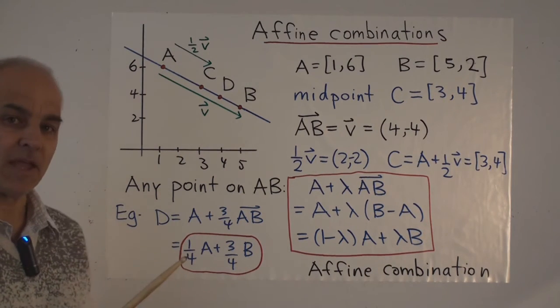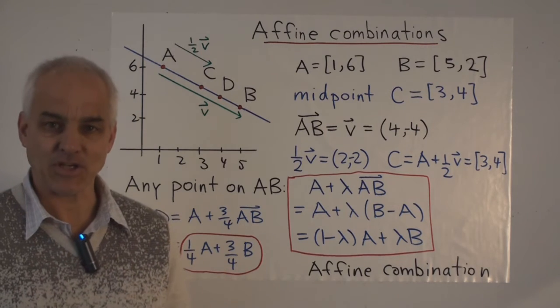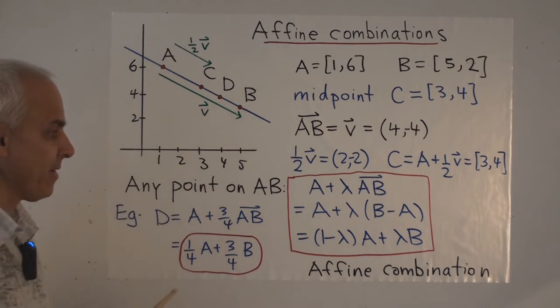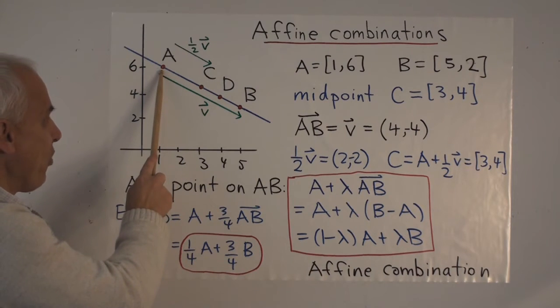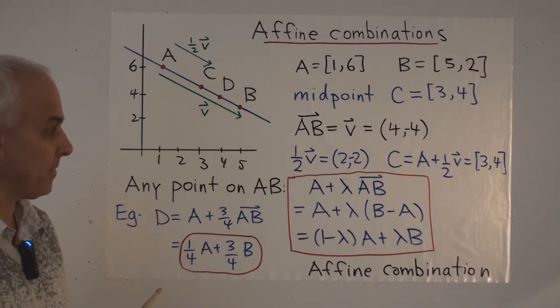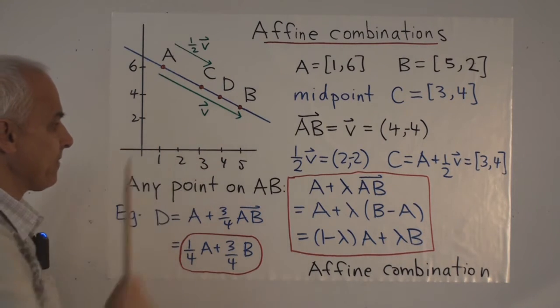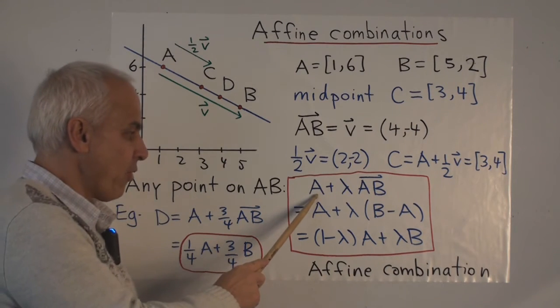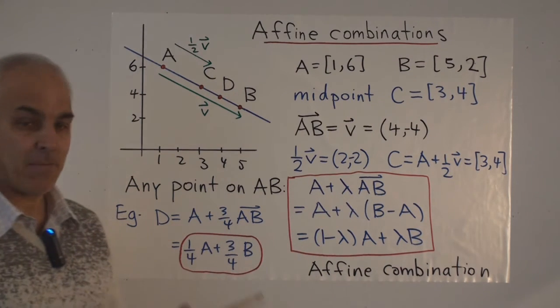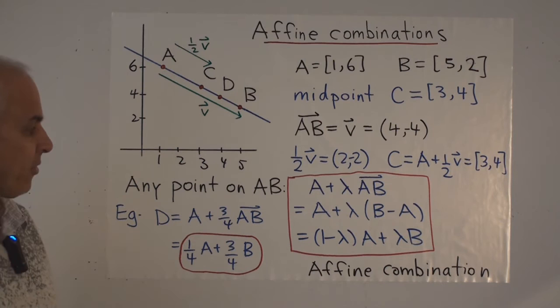That's a useful way of thinking because it allows for generalization. We can describe any point on this line as a combination of the point A and a multiple of this direction vector v. V is the vector AB. So an arbitrary point of the form A plus lambda AB can be symbolically written in the following way.